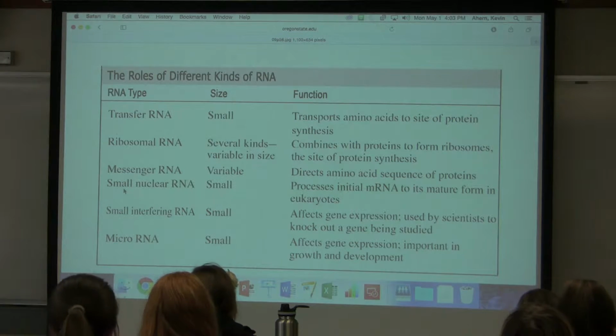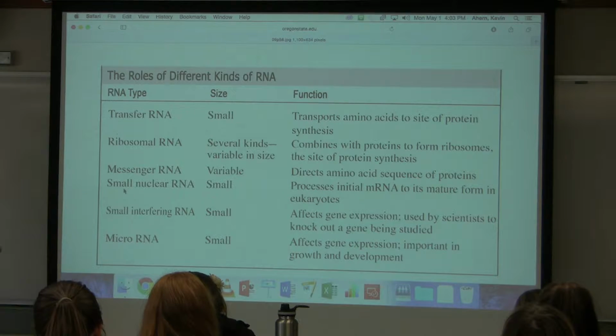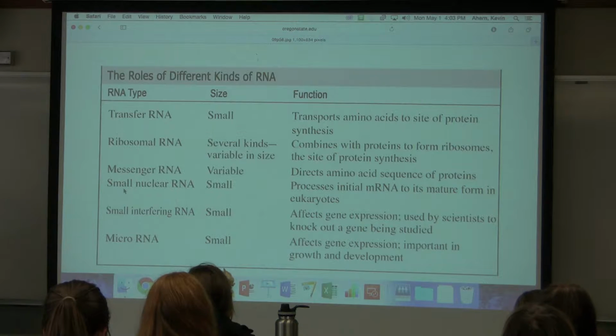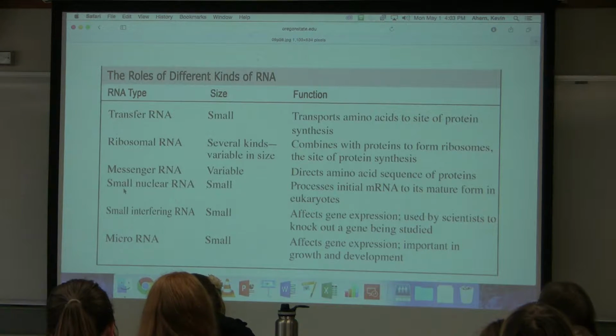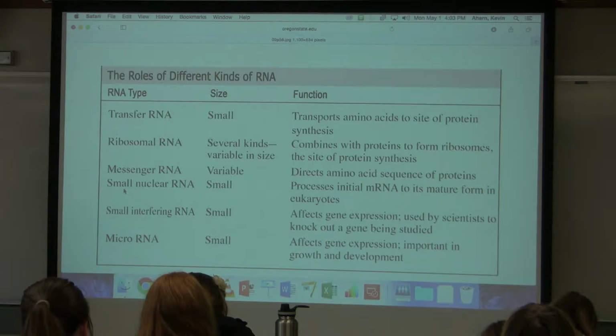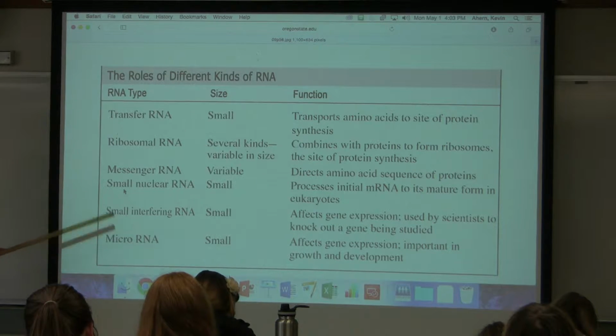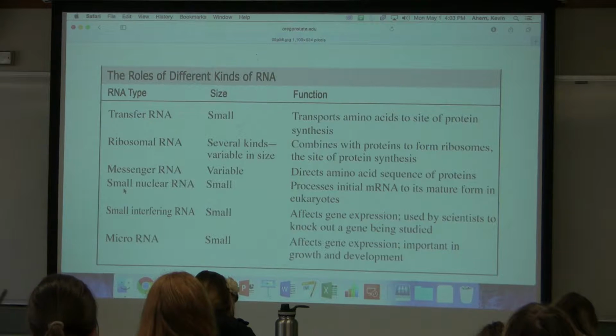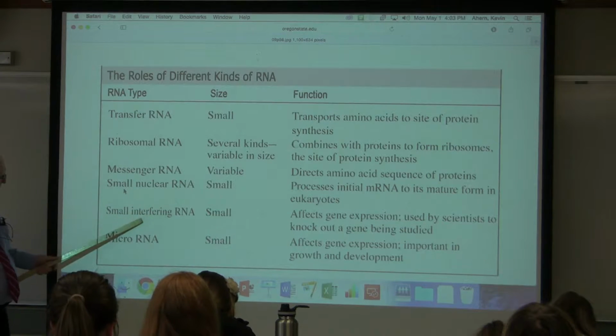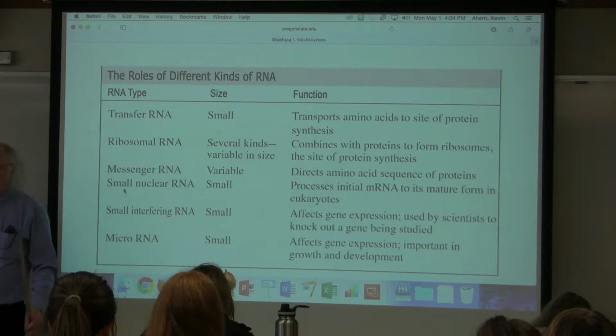Well, we know today that those little pieces that we thought had broken and were useless, in fact, had a very big function. And the big function that they played was to help in controlling the expression of genes, that is, the synthesis of proteins using the genetic information. There are two main things that I will briefly discuss of those subcategories of the small nuclear RNAs.